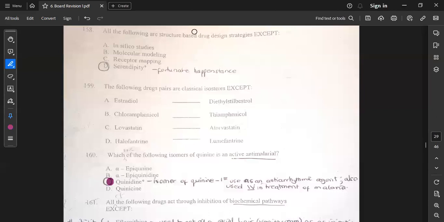Someone can define isosteres in the chat box. What is isosterism?